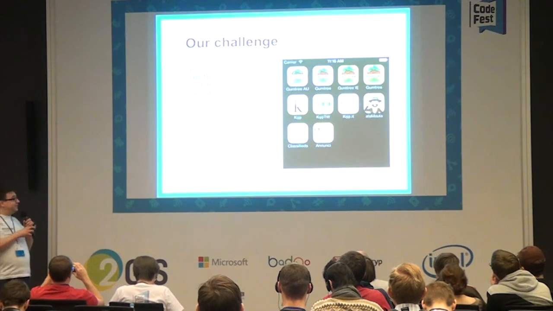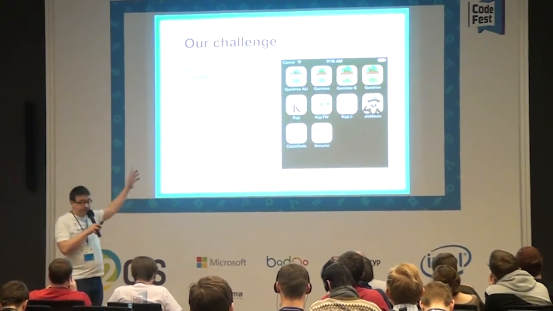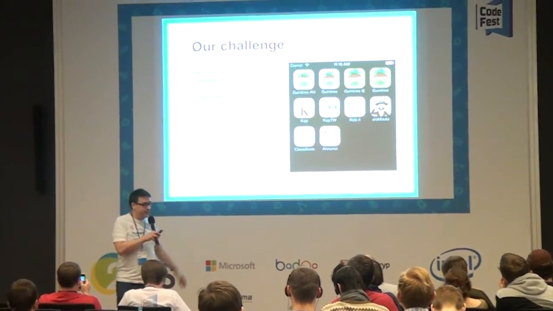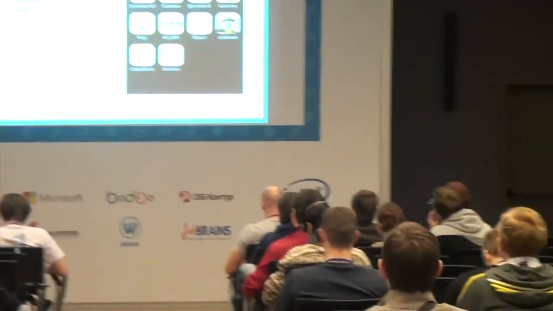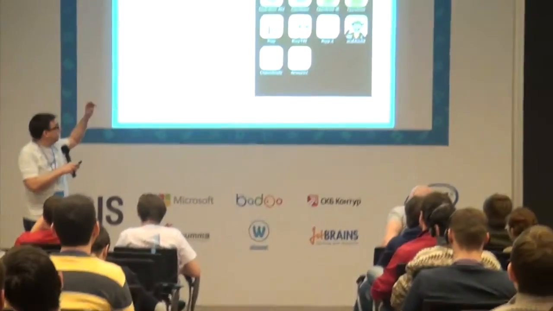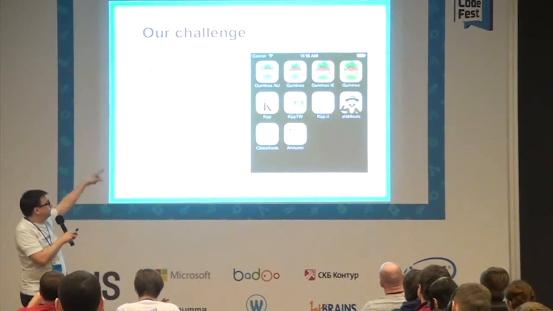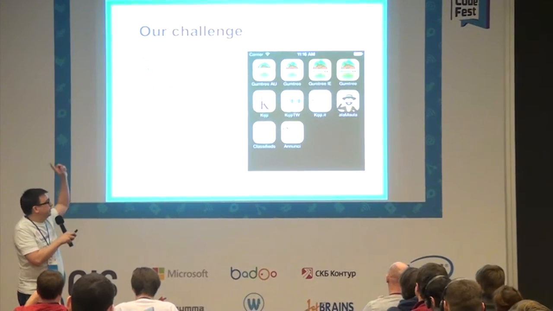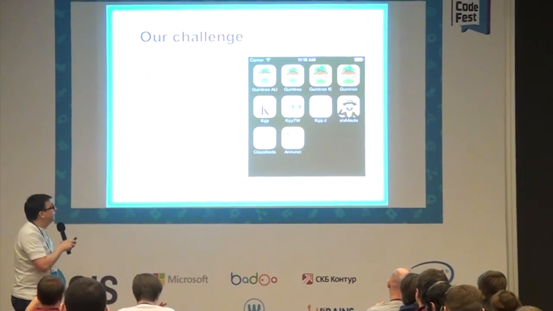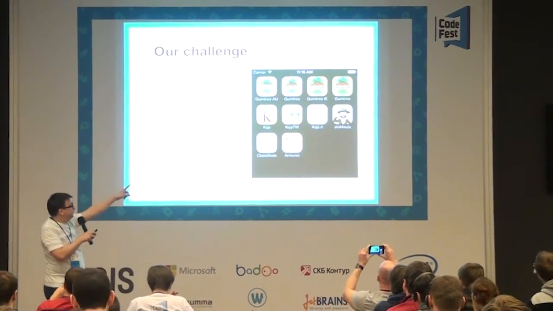So our challenge is we build 10 apps from one code base. You see on the top row, they are all branded Gumtree. Gumtree started in the UK, and then it got to Australia, to Ireland, and to South Africa. The next brand is called Kijiji.